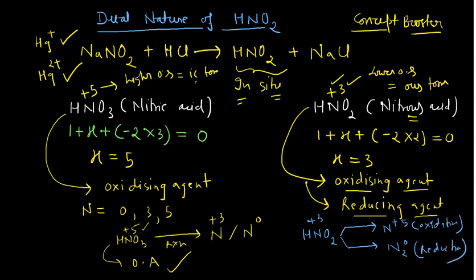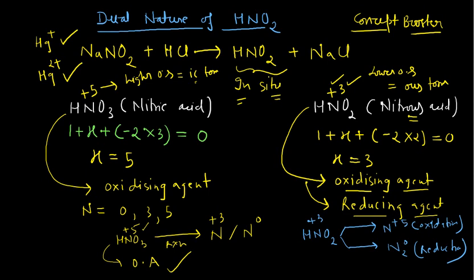So for nitrous acid, due to the intermediate oxidation state of nitrogen, that is plus 3, it can increase its oxidation number by 2 units and undergo oxidation to form the plus 5 species. That means oxidation is happening, and I already told you, when oxidation occurs for a particular species, it can act as the reducing agent for a different species.